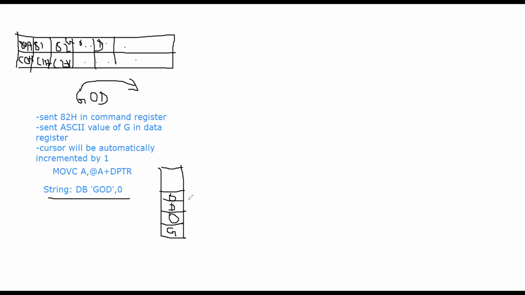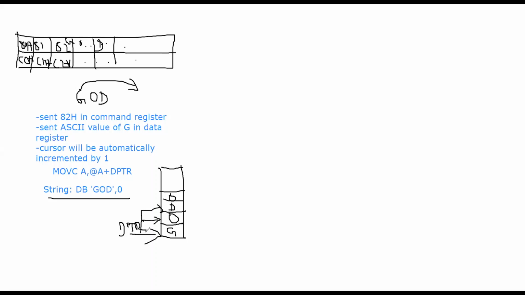Firstly, the DPTR, the data pointer, will point to G when A equals 0. Then DPTR will be automatically incremented, here, then here, and so on.